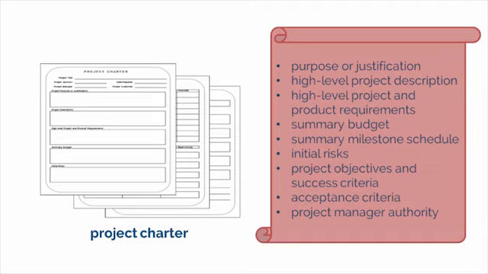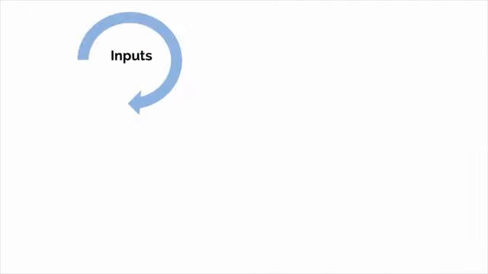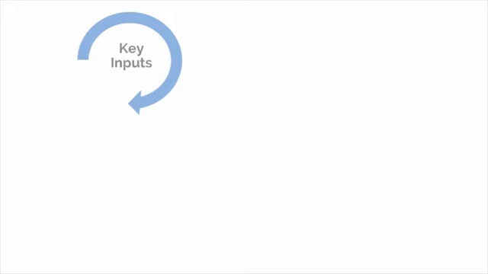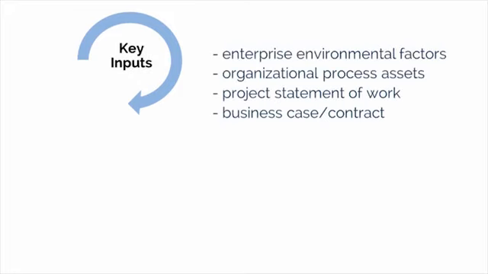Remember that for each process, we'll mention the inputs, tools and techniques, and outputs, and we'll call those ITTOs for short. So the ITTOs of this process are as follows. Here are the inputs. Let's talk about enterprise environmental factors, also referred to as EEFs, which include the environment of the project.